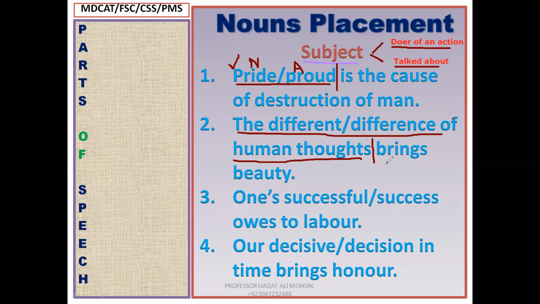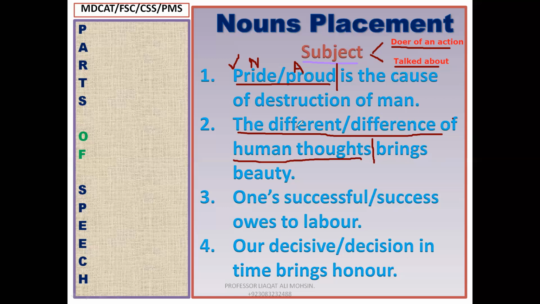As we talked about, what is the subject? The doer of an action, which is talked about in the sentence. Definitely it brings beauty, what? Thoughts, a difference of thoughts. Definitely the key word will be the difference of thoughts. Now, what will be the key word?